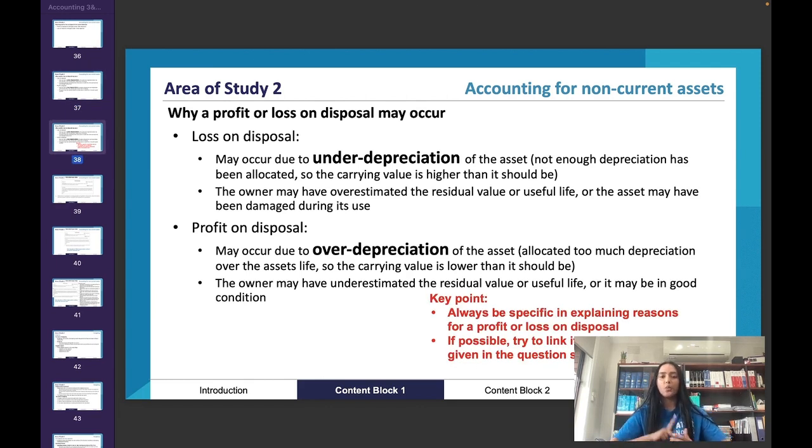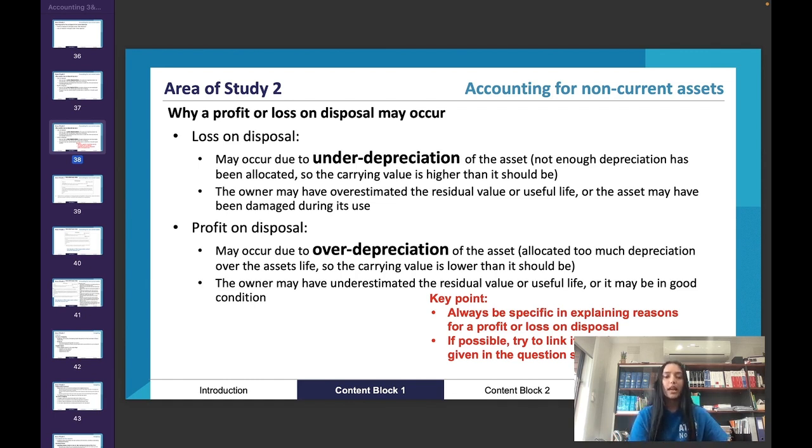And when we are explaining reasons, a really common question that VCAA can ask you in the exam is they'll get you to record the disposal, calculate either the profit or loss, and they'll ask you, why has the profit on disposal occurred? Or why has the loss on disposal occurred? And you can't just say, the loss occurred because of under depreciation.